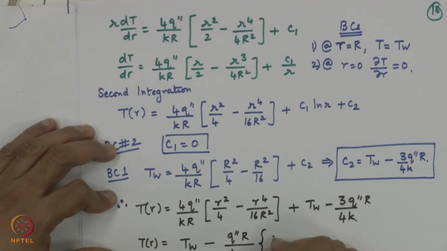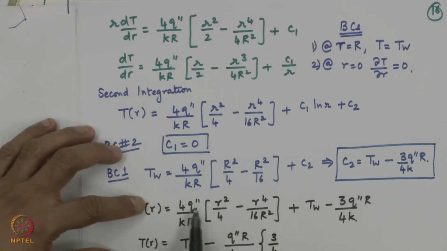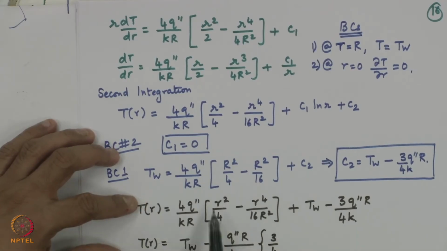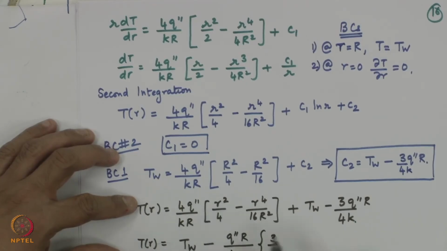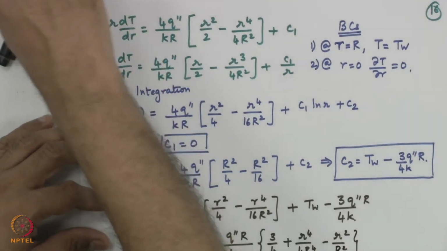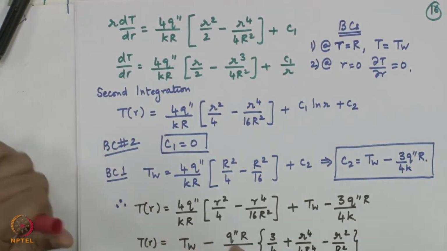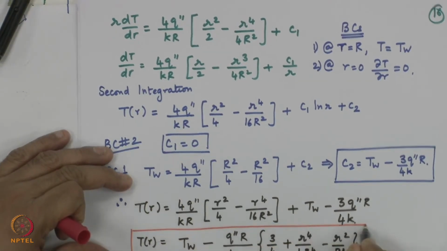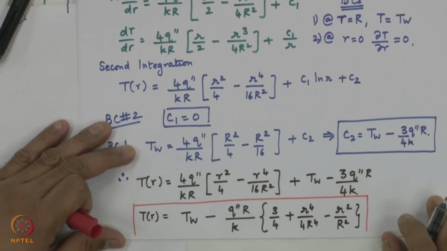This one is just 3 by 4 as it is, minus sign is absorbed here. This bracket is q capital R by k. So, I have introduced capital R outside, there is r squared by capital R here. So, this comes out to be r to the power 4 by 4 R to the power 4, this is the second term. This term comes out to be minus r squared by capital R squared. You can check this maths and this is your temperature distribution, T as a function of r, temperature distribution.